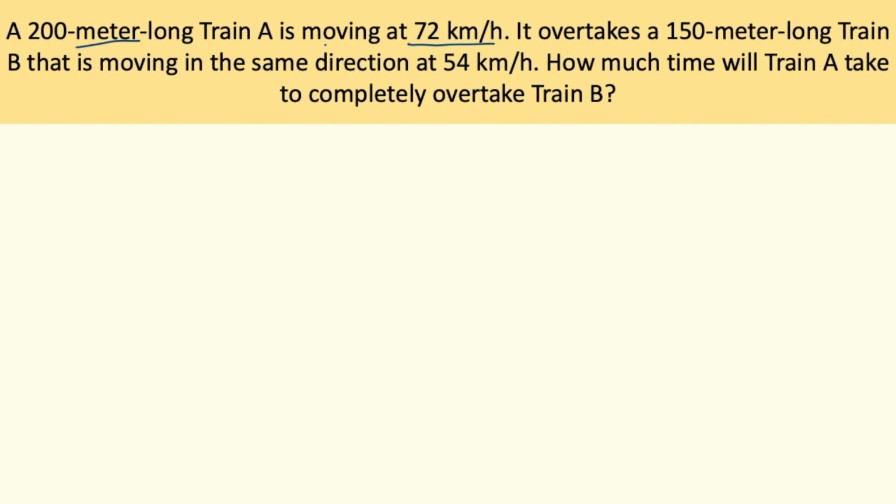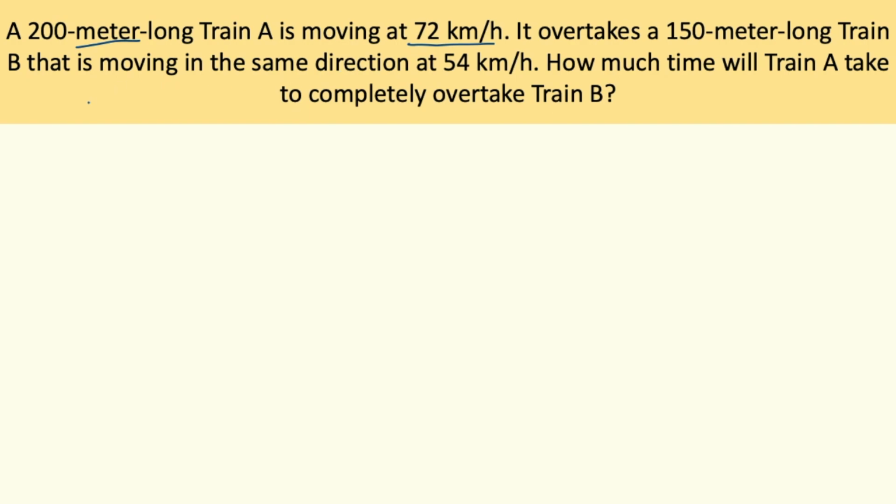So either we have to convert this or this to make our calculation easy and suitable for the units to be in symmetry. It overtakes a 150-meter long train B that is moving in the same direction at 54 kilometers per hour. How much time will train A take to completely overtake train B?